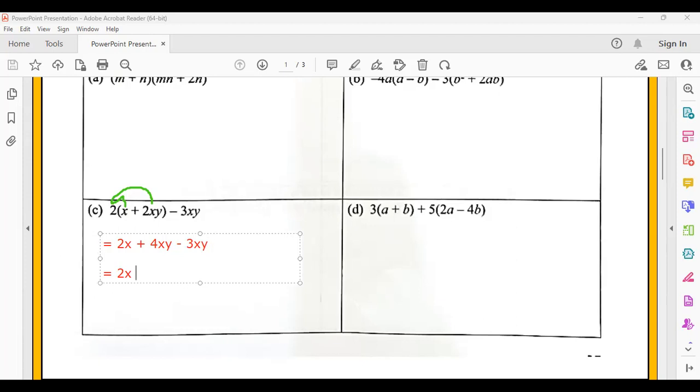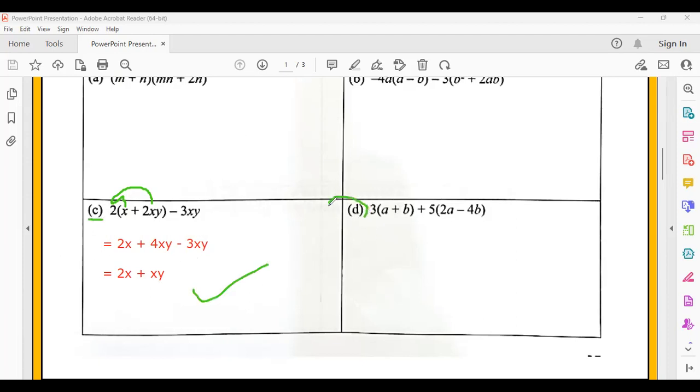So it's plus 1xy, and 1 I don't have to write, so I just say xy. Do you see that? It's become simple already now. Can you see? Do you understand this? Okay. So that's C. Pretty easy.